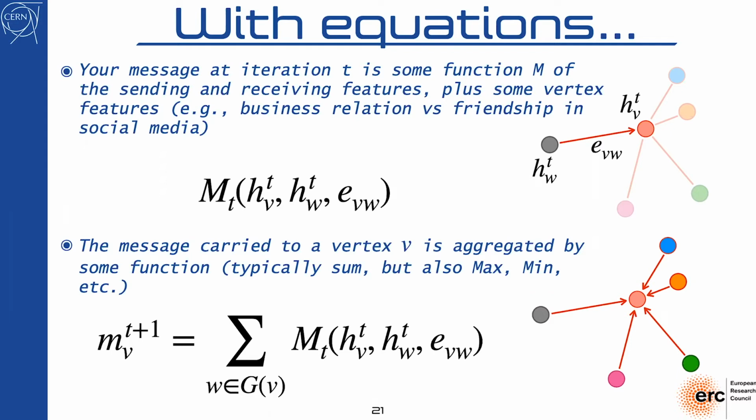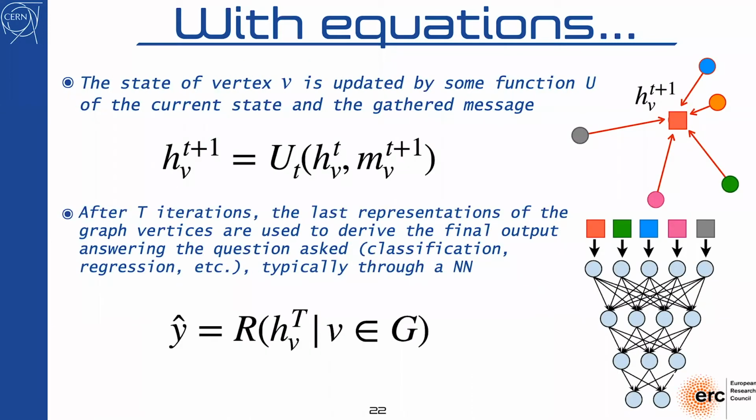So mathematically speaking, it's a sum over connections of some function m of the sender, receiver, and edge features. In our case, we will not have edge features, but you could. And then you can combine with some other function the initial information with what you learned and create the new representation of your vertex.